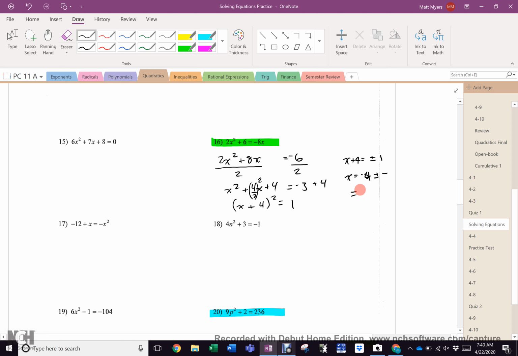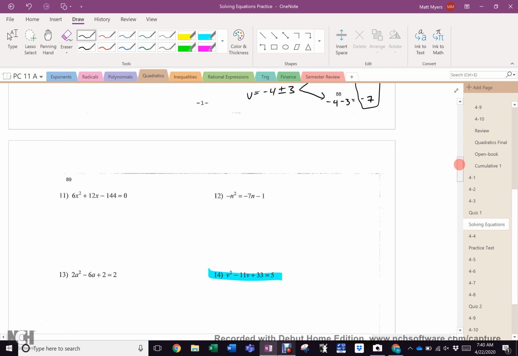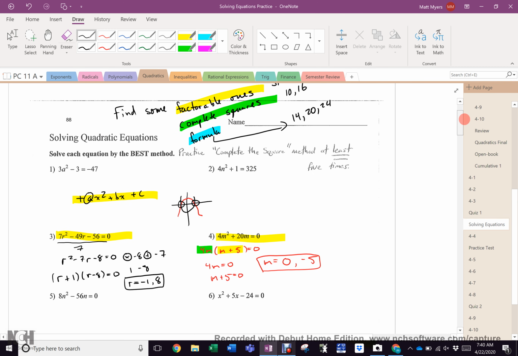So x equals negative 5, because that's negative 4 minus 1, and negative 4 plus 1 is negative 3. There's your answers there. Those were some easy complete the square ones.